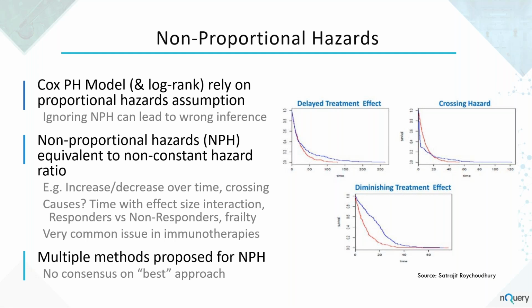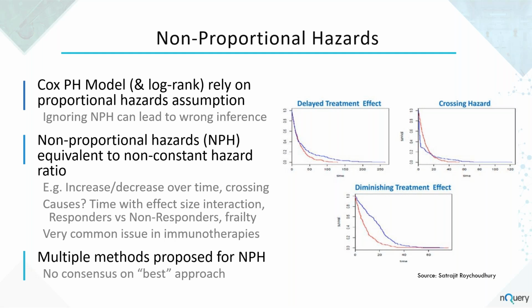Well-known non-proportional hazard types which are observed in clinical trials are also shown on the right here. These would include delayed or diminishing treatment effects, or also crossing hazard effects. And there are also other issues like responders versus non-responders, frailties, etc.